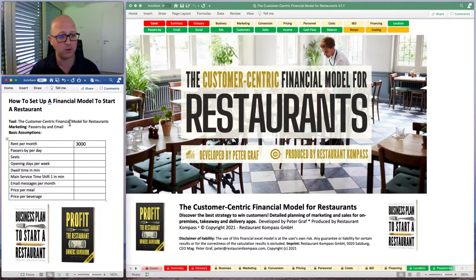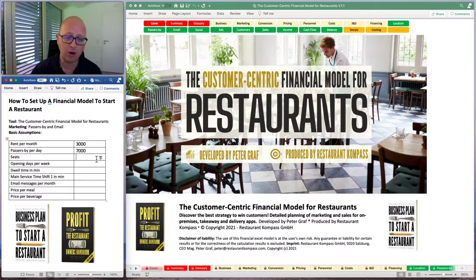This is a simple Word document here, not a data entry, just like a notepad. Then the next question is, how many passers-by can we expect per day? Let's say we have a good location with quite a high frequency of 7,000 people per day.